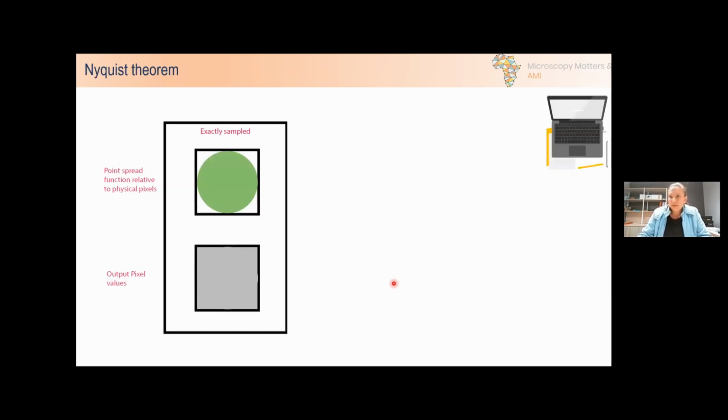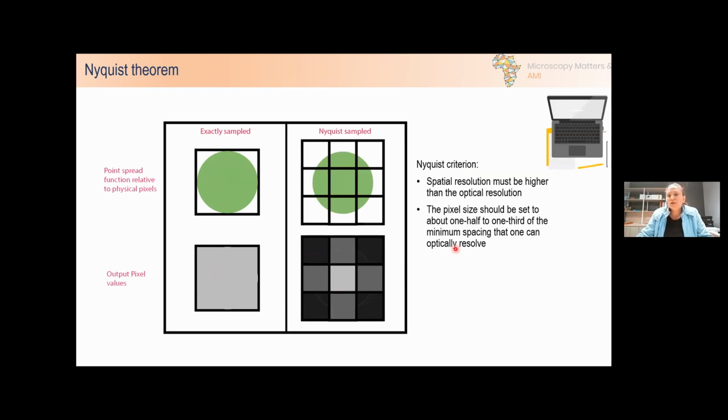Now, how do we know what the pixel size should be? As I've explained, if your point spread function is circular and you choose a pixel that is too big, representing that one point spread function, you change it into a pixel block. The idea is that the spatial resolution must be higher than the optical resolution. In other words, the point spread function should be represented by more pixels than its actual size.